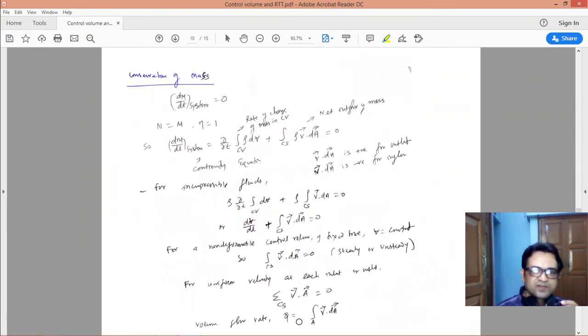Next, how do we find the conservation of mass? In the differential analysis, we got the continuity equation as del u by del x plus del v by del y plus del w by del z equal to 0. That was the differential form of the conservation of mass. But how do we get the integral form?